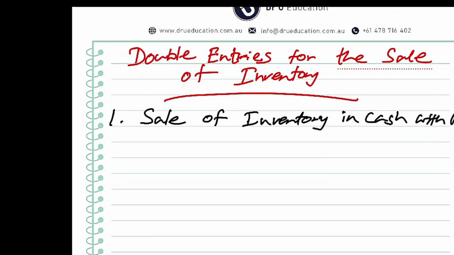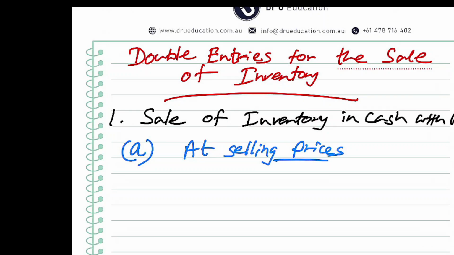So this transaction has two parts. Take down part A, at selling price. So the first part of the transaction we record at the selling price.